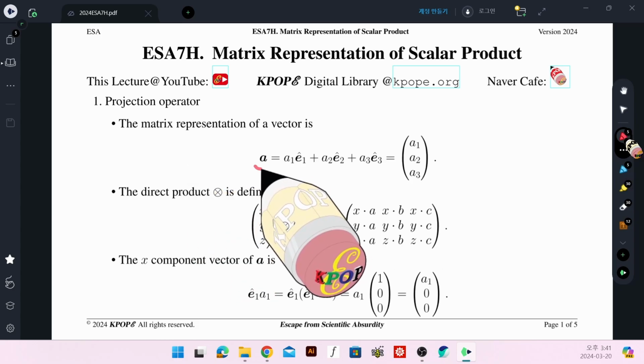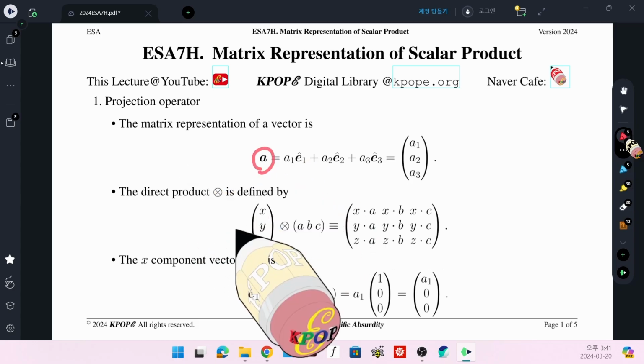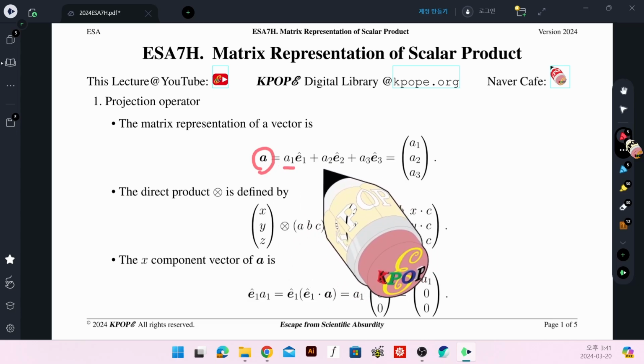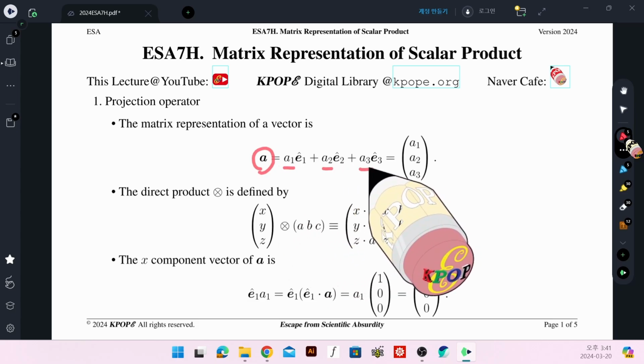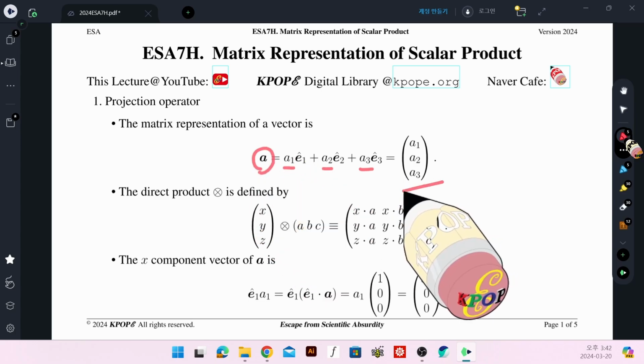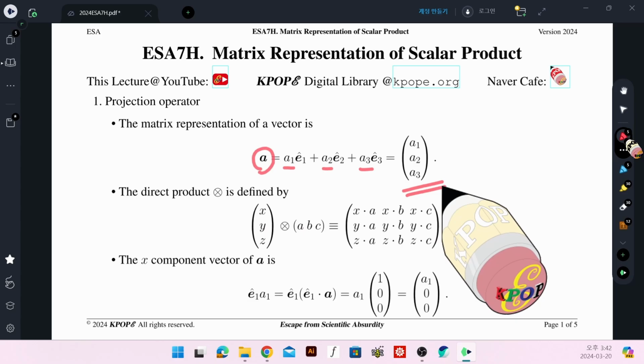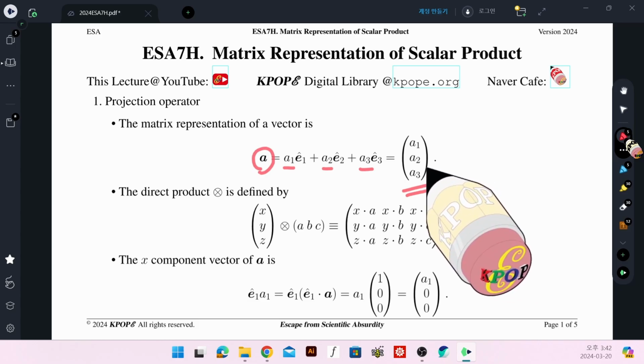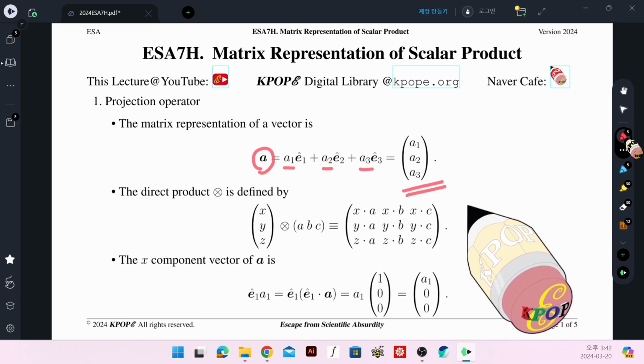First, we consider a vector whose Cartesian components are A1, A2, and A3. The matrix representation of this vector is a column vector. Sure, you can also employ the row vector representation, but we have chosen to employ the column vector representation.